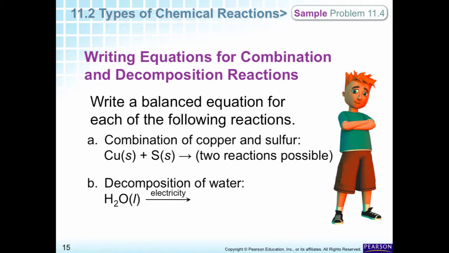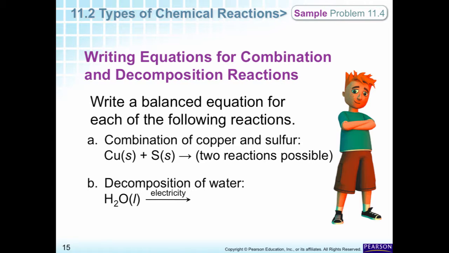All right, so let's look at writing balanced equations for combination and decomposition reactions. With combination reactions, a lot of times they're just going to give you the reactants, and you're going to have to decide what's going to happen. Combination means we're going to put two things together and make one.